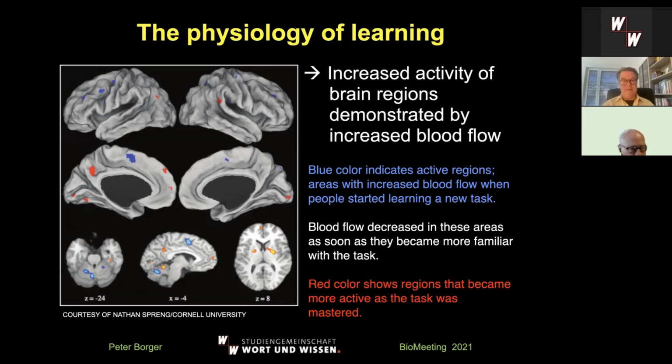And you can see that the blood flow also decreases when this task is already mastered. And eventually, when you have learned this new task, you see that different areas of the brain take over these tasks when you master them. So you see that the brain is rather plastic here, and that different locations of the brain are actually involved in learning and in mastering the task. So already here you see plasticity of the brain.